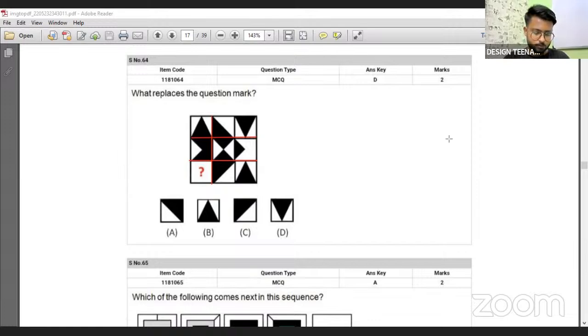Option A, if we fit that in that question mark, it will merge with that black color and it will not give us the shape which is there in the first section. The second one is similar to the shape in the first option, but if we fix that in that place, it is inverted, the same image which is there down.